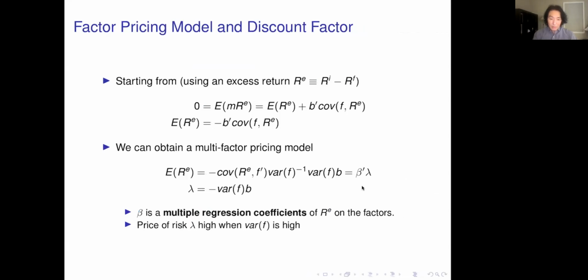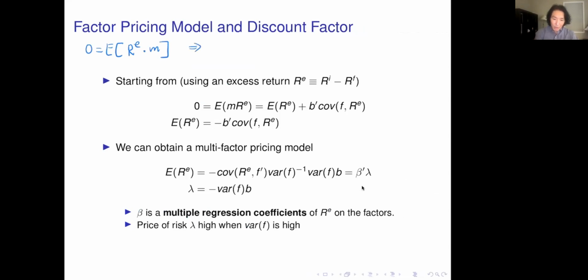Now, with multiple factors, we can use the same pricing formula as before. The expected value of the excess return times M is 0. That's the usual pricing equation.